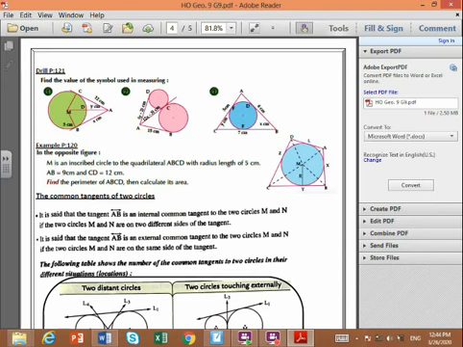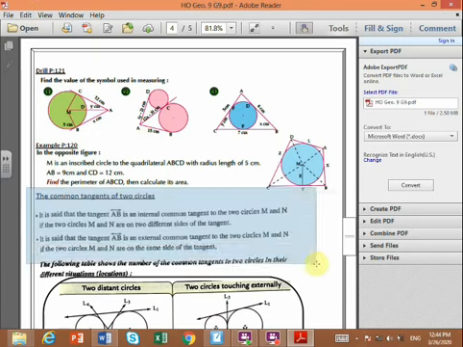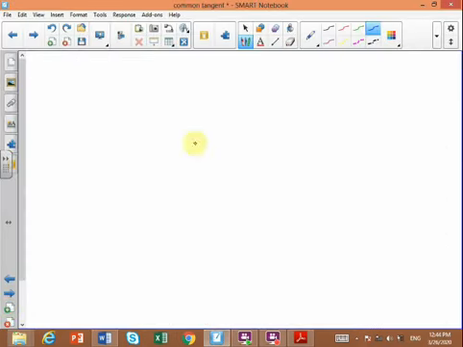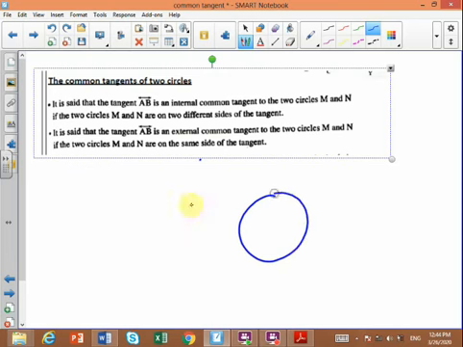Okay, let me take it to explain it. The tangent AB is an internal tangent if I have two circles here, for example, and I draw a common tangent.